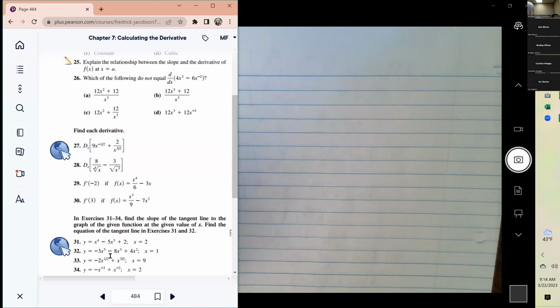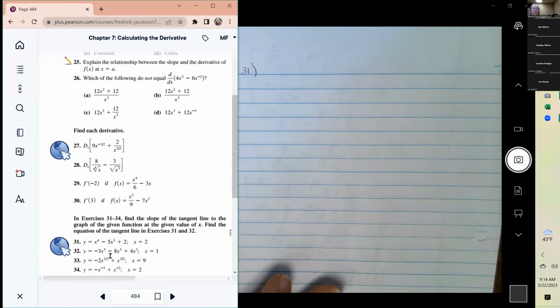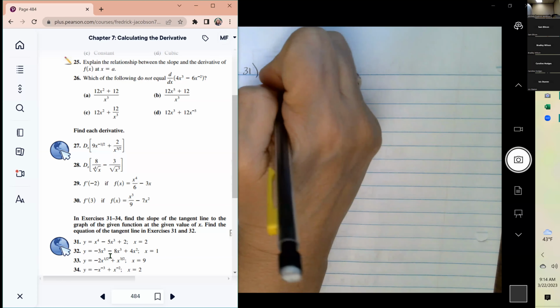So for 31, to find the slope, you take the derivative. So you write the equation first.